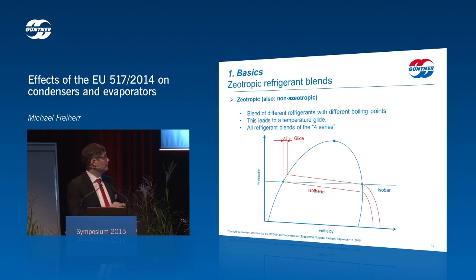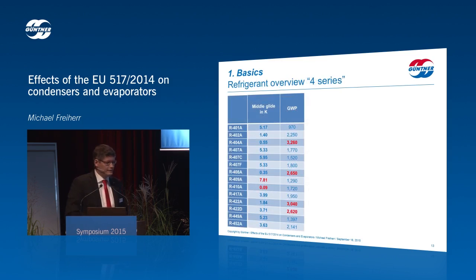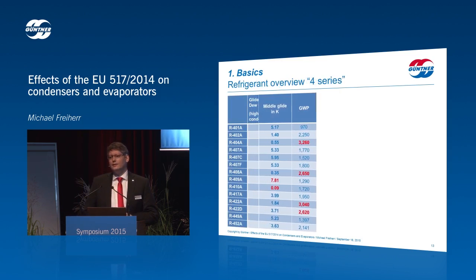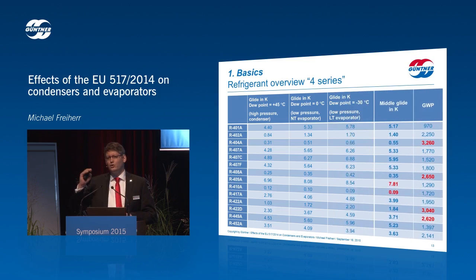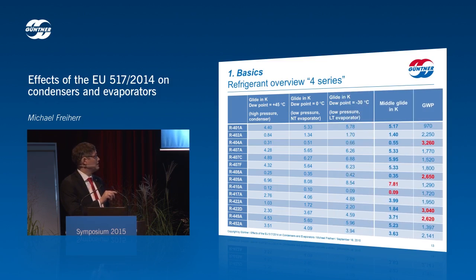An interesting side aspect is I've mentioned the average or the medium temperature glide already, and if you look at it in detail, you'll see that the temperature glide at different temperature or pressure levels differs. With a condenser of a dew point temperature of 45 degrees Celsius, the temperature glide is lower than with a dew point temperature of minus 30 degrees.